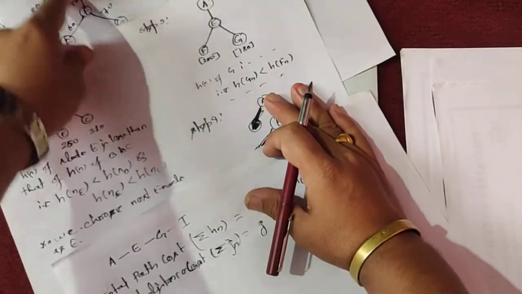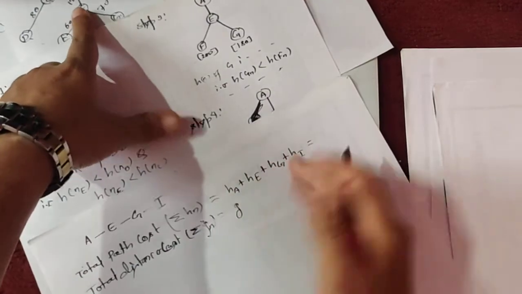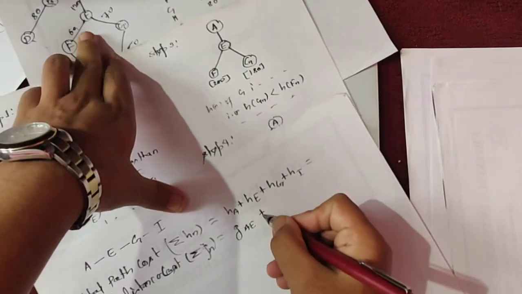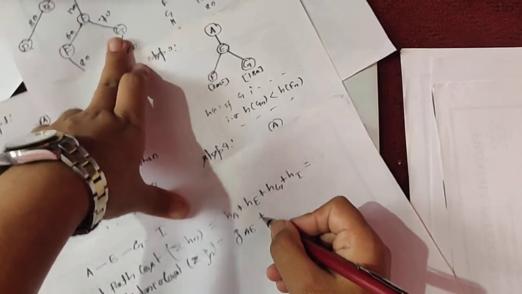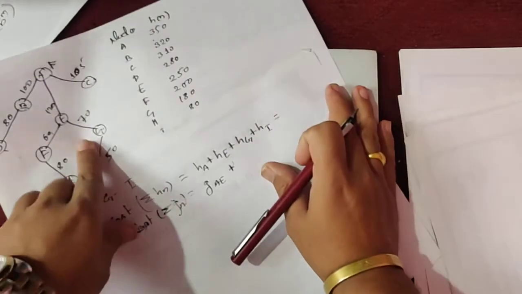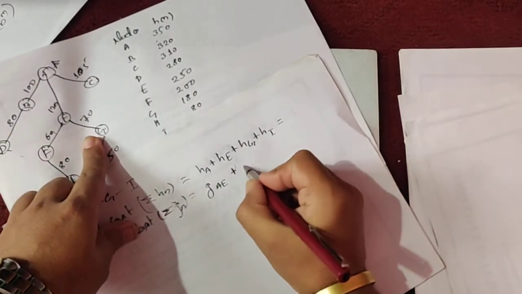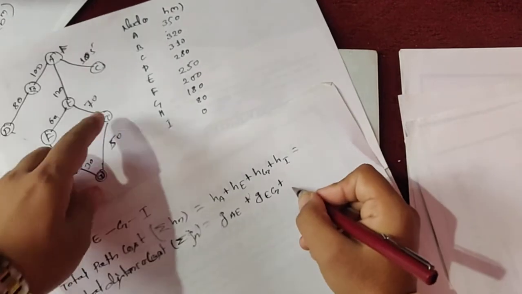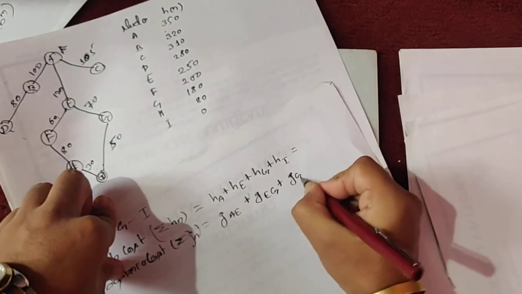We get from A to E, that is GAE, plus from E to G, that is GEG, plus from G to I, that is GGI.